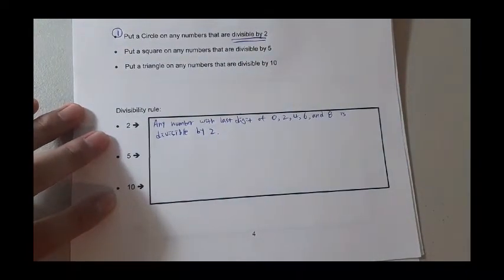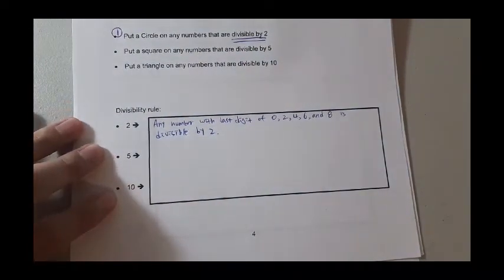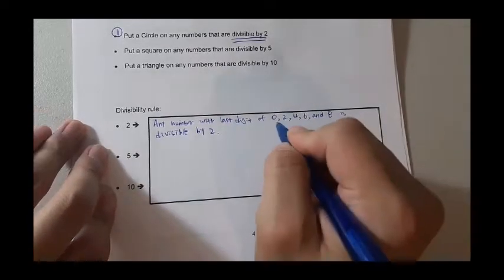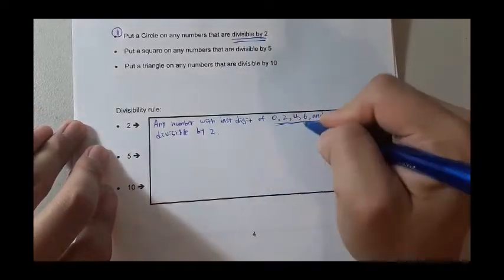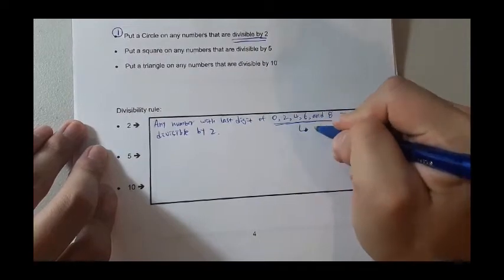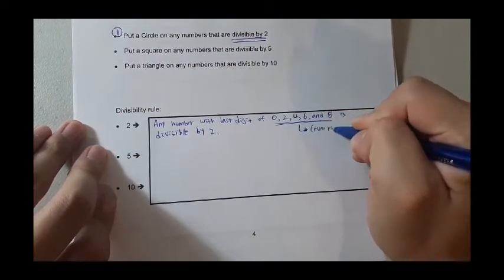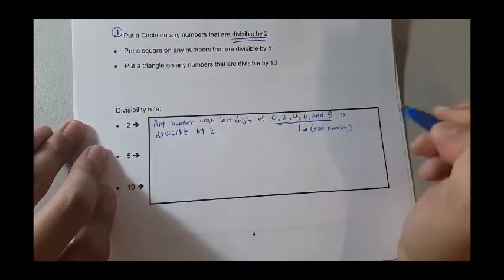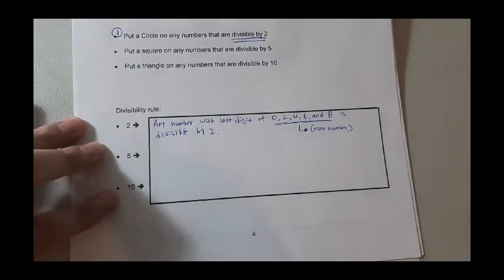That is what I want you to put down. Sometimes a number that ends with these digits is also known as an even number. So you can also consider every single even number divisible by 2.